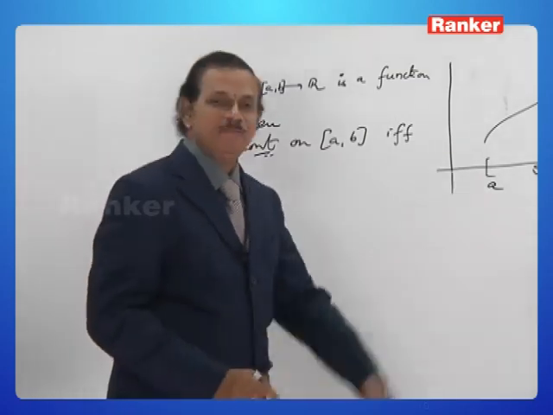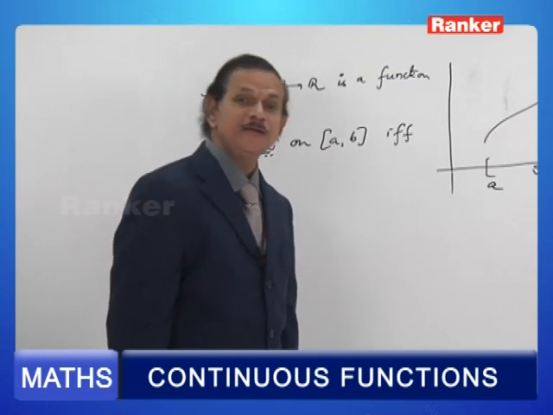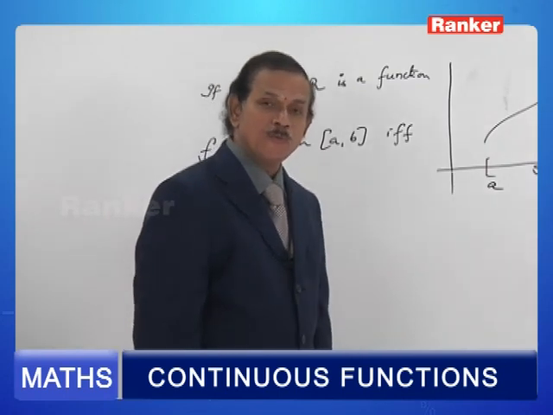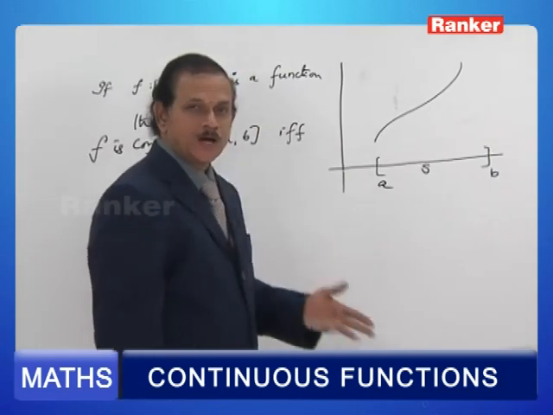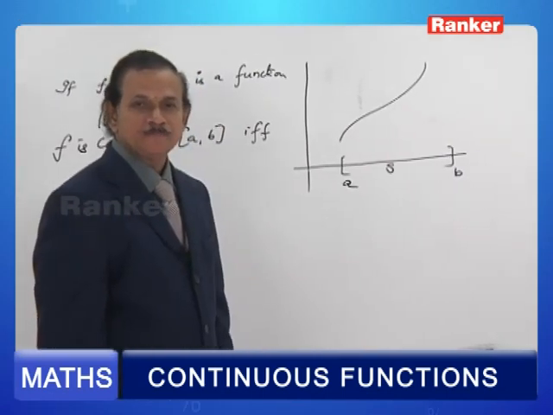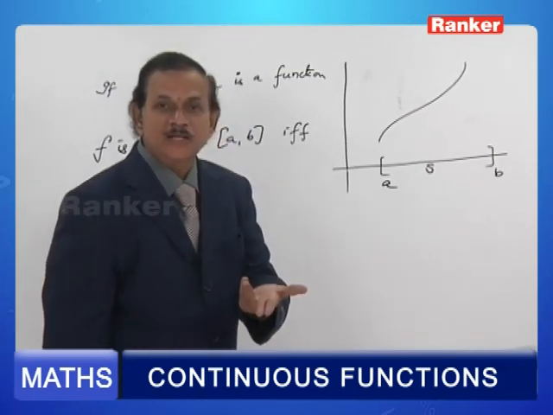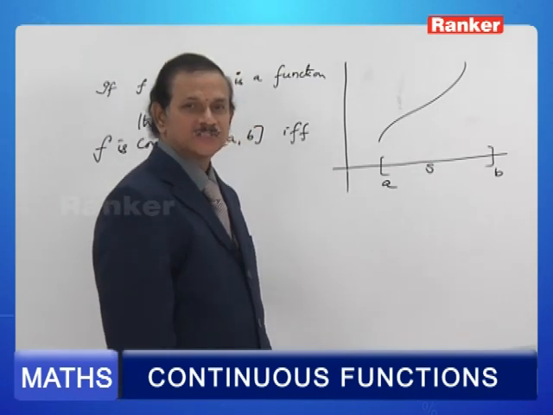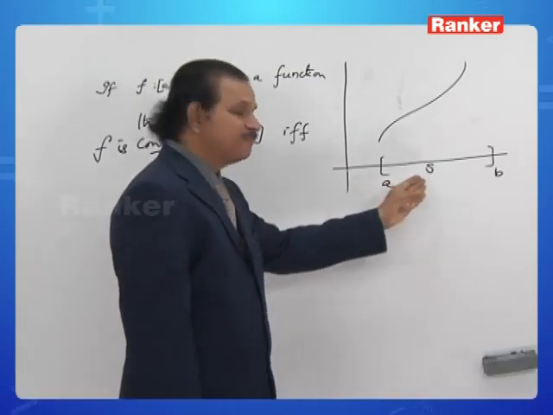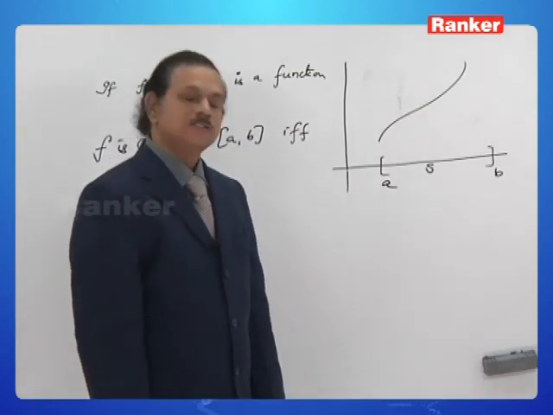At a and b, can you anticipate the full continuity? No. Why? Because the region to the left of a is not included in the domain. So at a, at most you can anticipate right continuity only, because only the region to the right of a is involved in the domain.